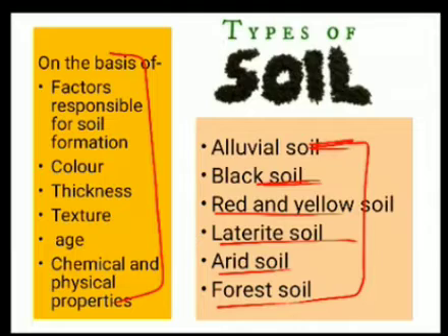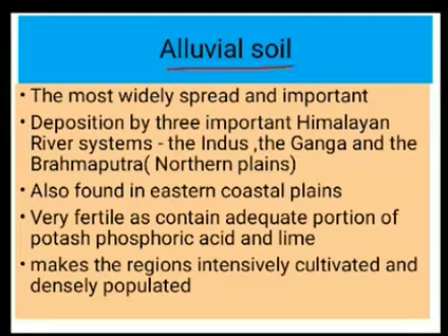Okay, so now moving ahead, we have alluvial soil. Alluvial soil, as the name suggests, is made up of alluvium. Alluvium is nothing but the finer sediments which weather and give you finer soil. Alluvial soil is the most widely spread; more than 30 to 40% of the arable land is covered with alluvial soil.